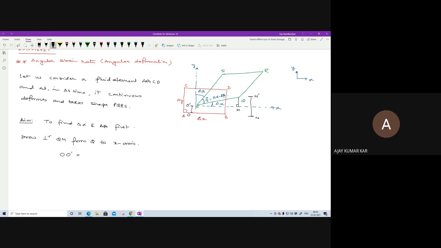Sir, y component velocity into time. O prime is equal to how much?